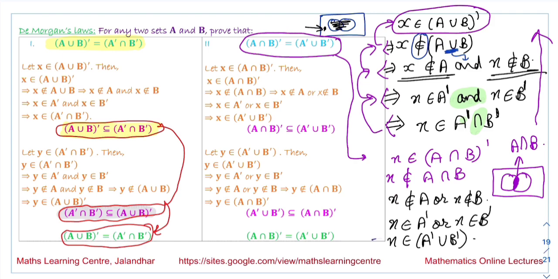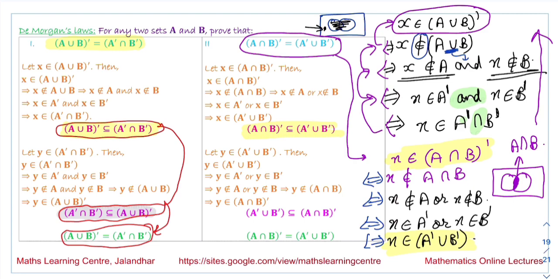Again, in this case, all these conditions are if and only if conditions. So what we get is that if X belongs to (A intersection B) complement, then X belongs to A complement union B complement. This is our first part.